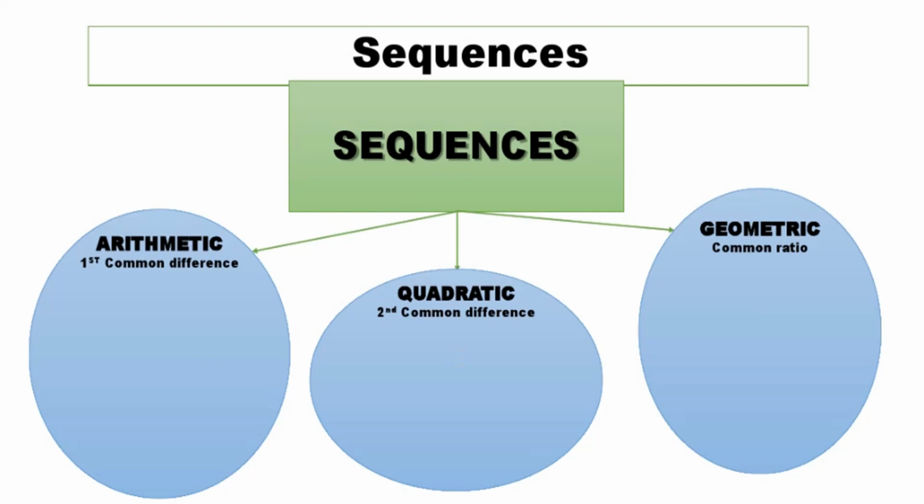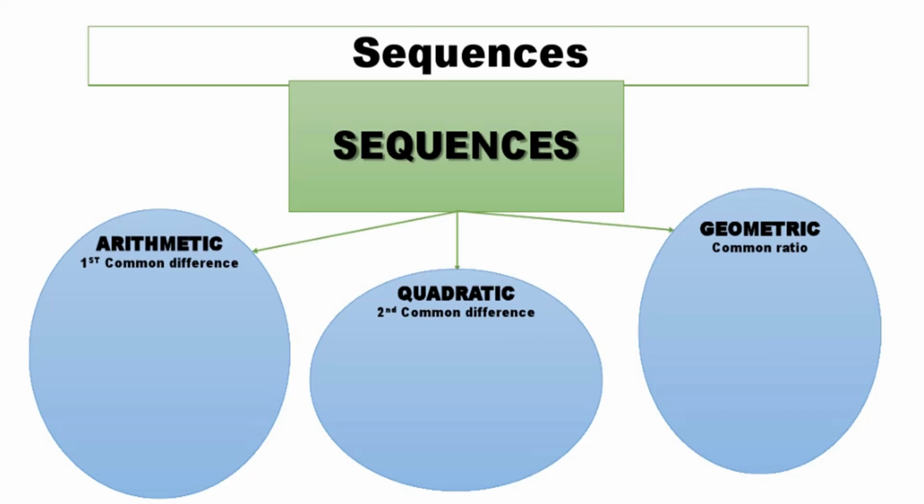And you'll know that you are working with a geometric sequence when the sequence does not have a first common difference and does not have a second common difference when you're evaluating it, but the sequence has a common ratio. So when you have a common ratio, that's when you'll know that you're actually evaluating a geometric sequence.